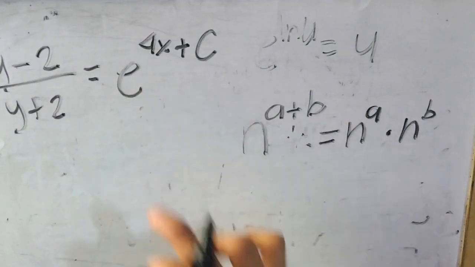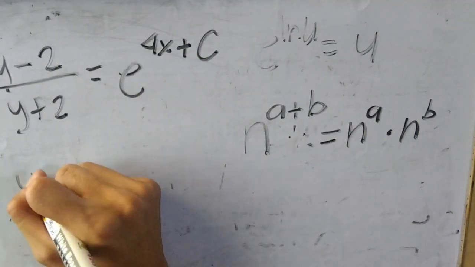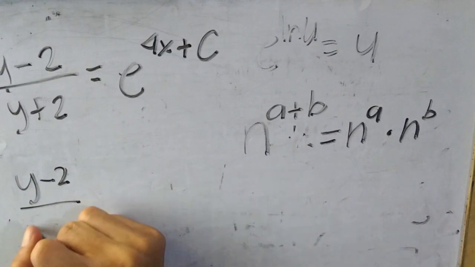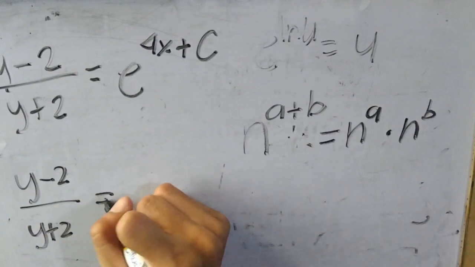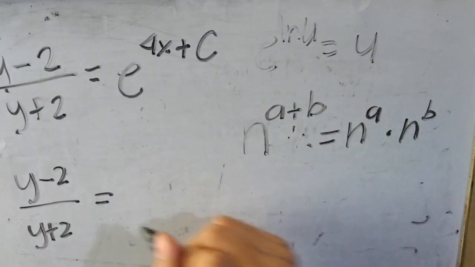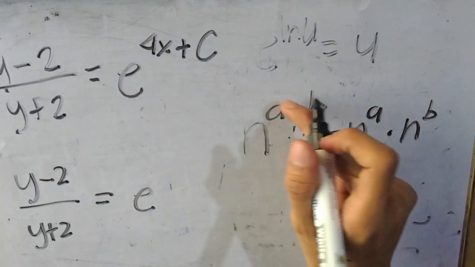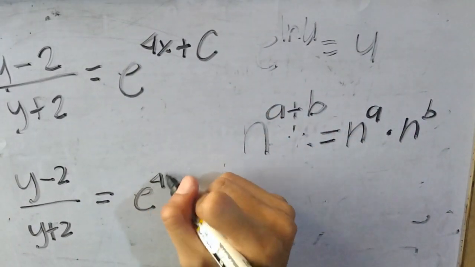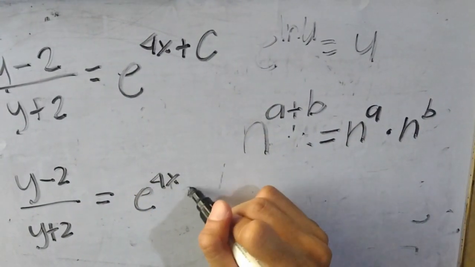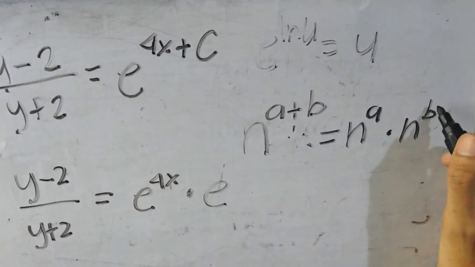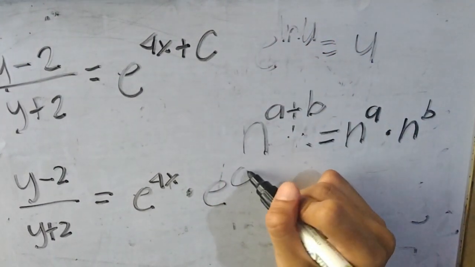So this is equal to y minus 2 over y plus 2, e raised to 4x, and then multiplied by e raised to the c.